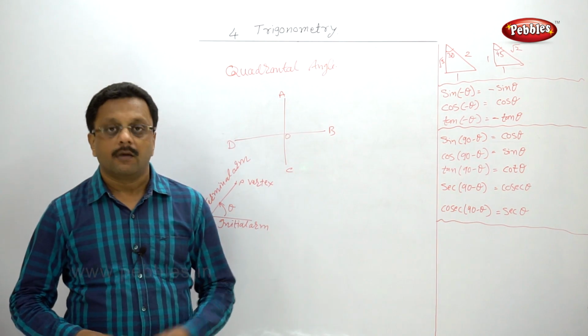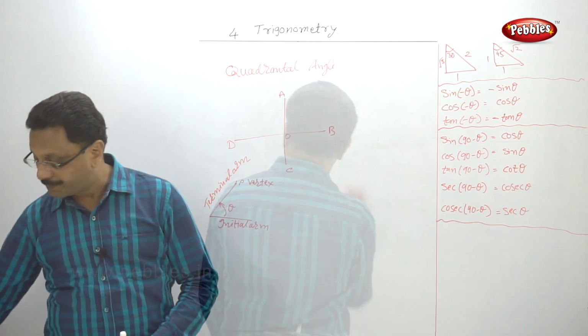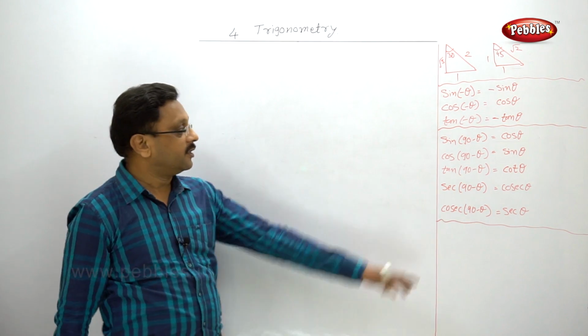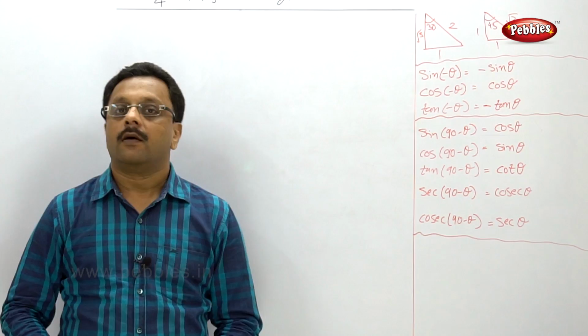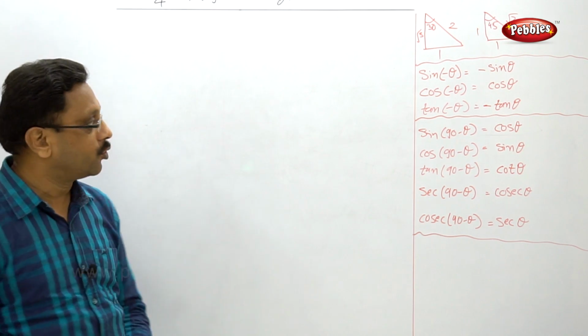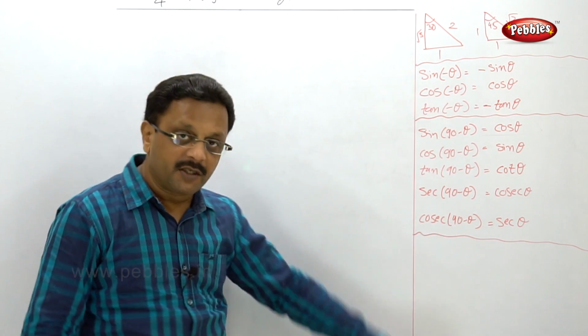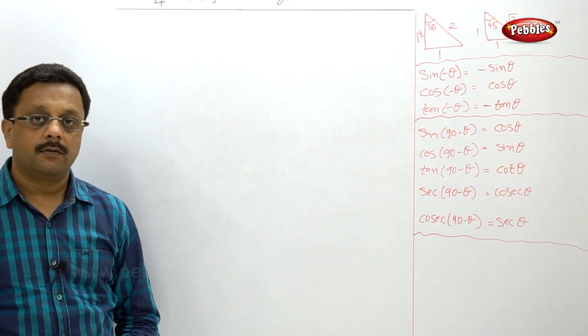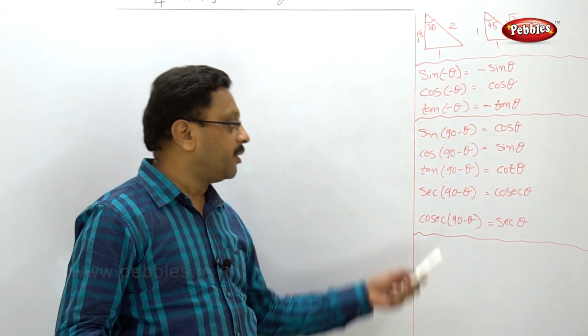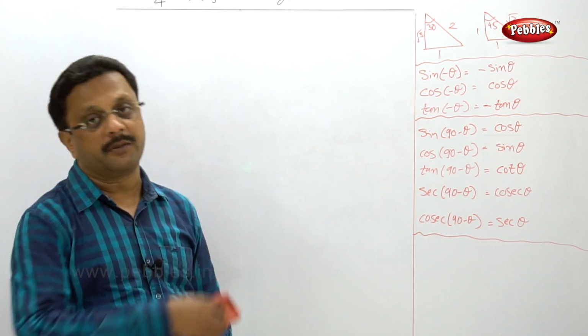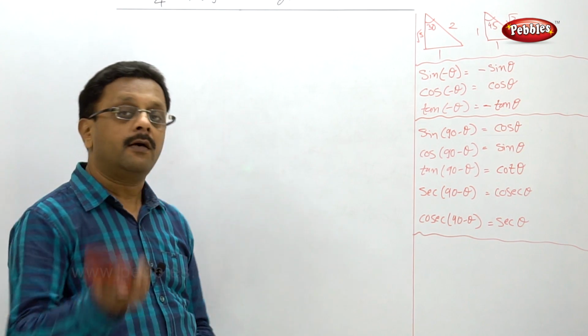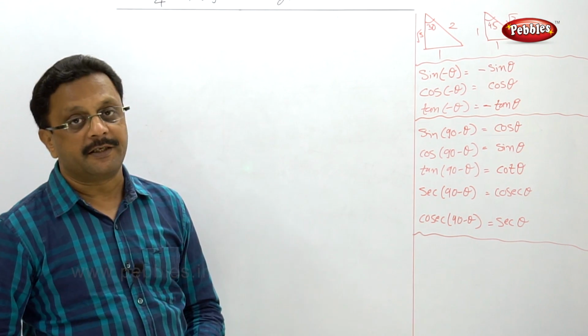Okay, now let us go ahead. Now I hope you have written this, it is important for you. Now we'll see the trigonometric ratio. So before that, just copy this so that you can learn it by heart later and keep it for your reference, because I am going to rub this now to write the trigonometric identities.